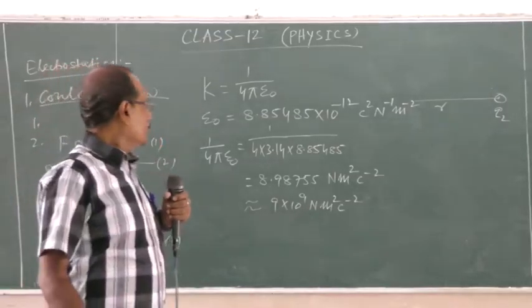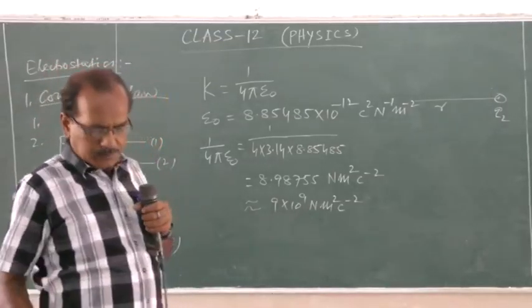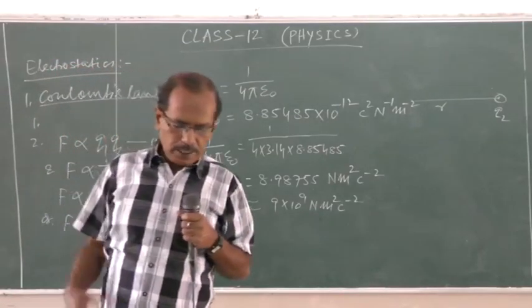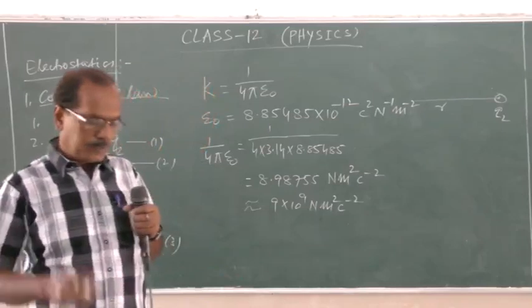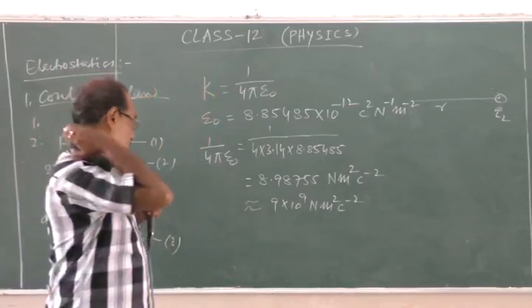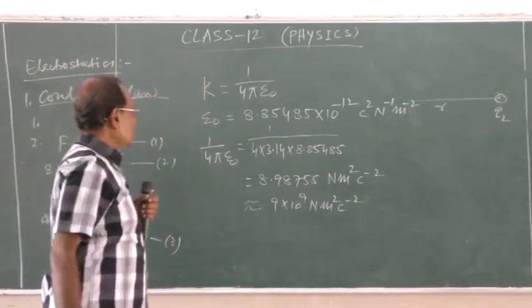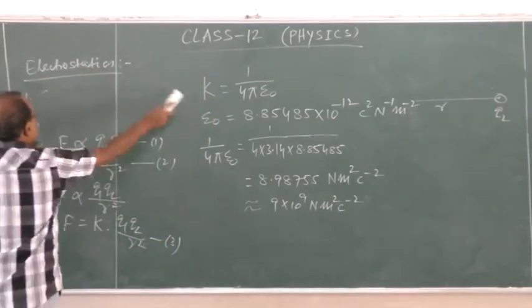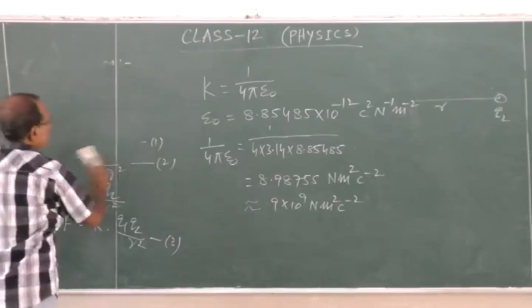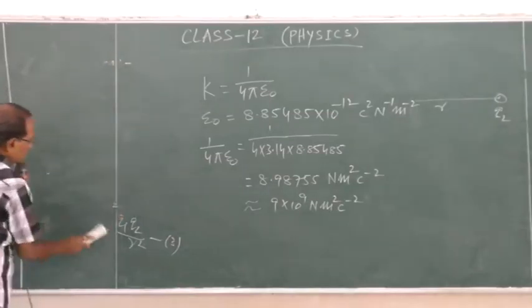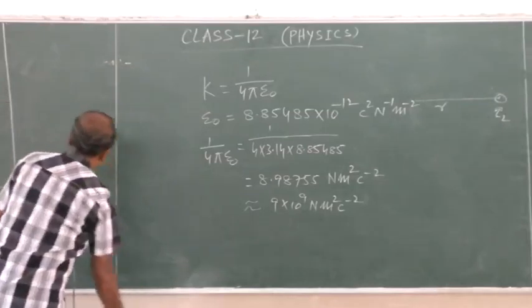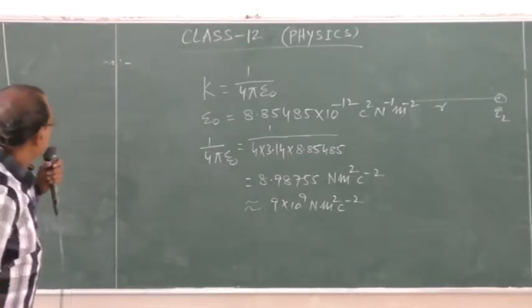Now, if two charges are placed in a medium like mica, paraffin paper, oil, carbon dioxide, etc., then the value of K will be different.